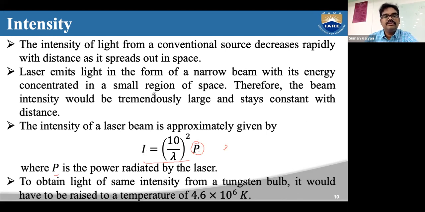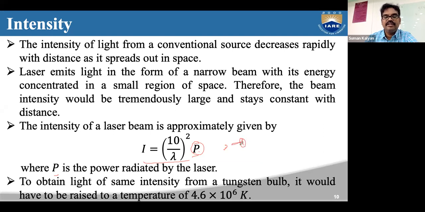Now, how do we measure the power? It is the force experienced. As you can see here, what is the force that is actually applying on a particular area?